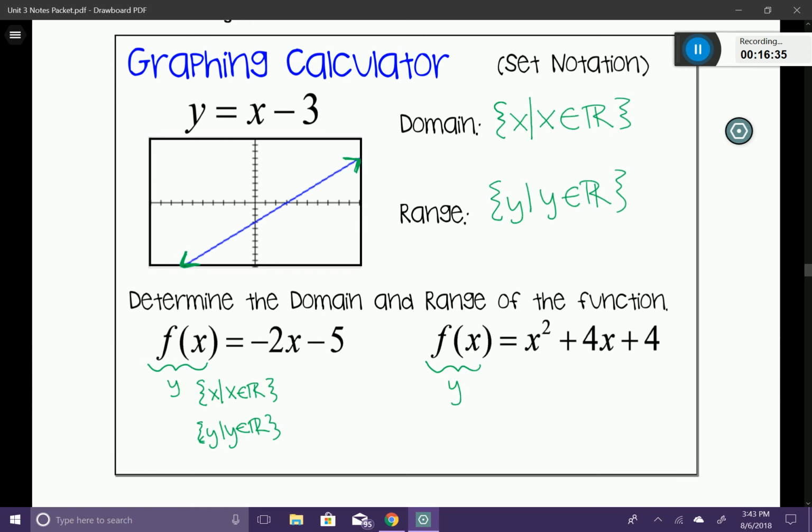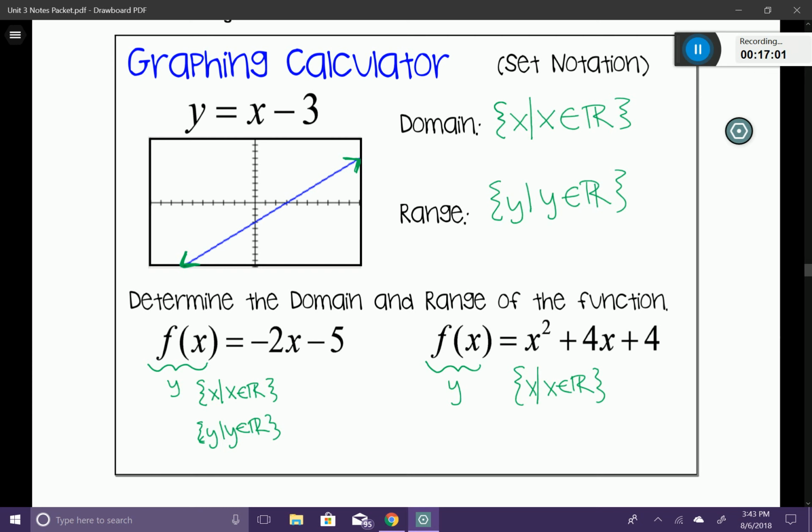And you can see that it's very similar to the absolute value example that we did. And what I mean by that is you can see that my domain values are going to go on forever, meaning there's always going to be a domain value, which means x such that x exists in the real number system. Now my range values are a little bit different because I have a low point.